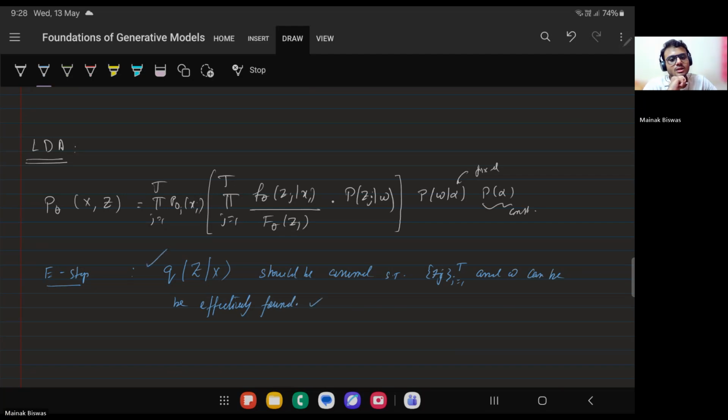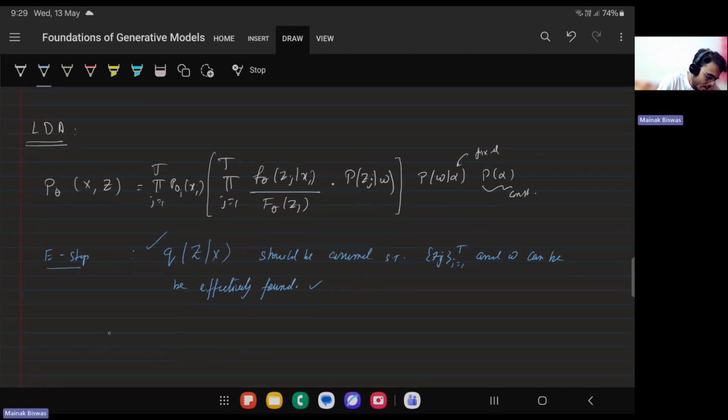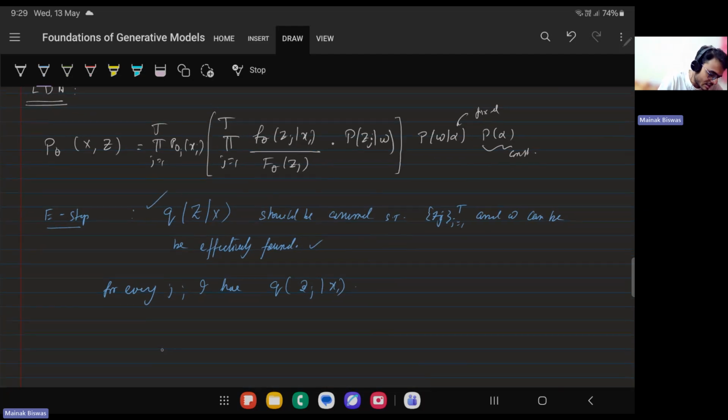Okay. So now a normal choice would be, so this is my entire distribution, for every j I have q of zj given xj. So this is the idea: q of z given x is the product over j equal to 1 to J of q of zj given xj.